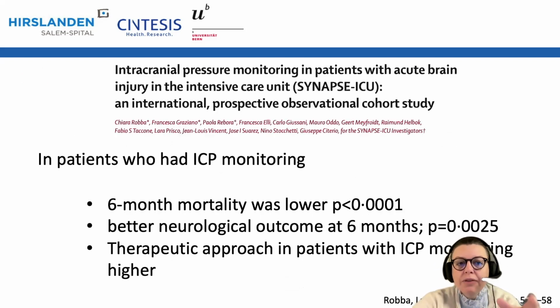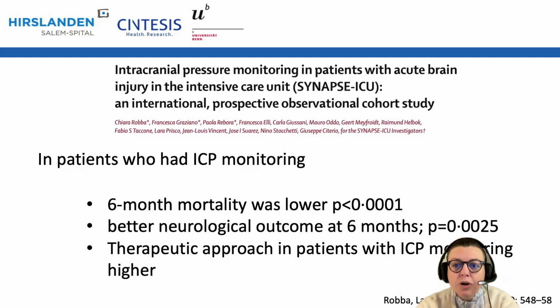In this recent cohort study, they aimed to assess the impact of ICP monitoring on short and midterm outcomes for traumatic brain injury. The study involved almost 1,500 patients from 43 intensive care units across Italy and Hungary. Patients who met the Brain Trauma Foundation guidelines for ICP monitoring were divided into those monitored within 2 days of injury, the so-called exposure group, and those who were not monitored or were monitored more than 2 days after the injury.